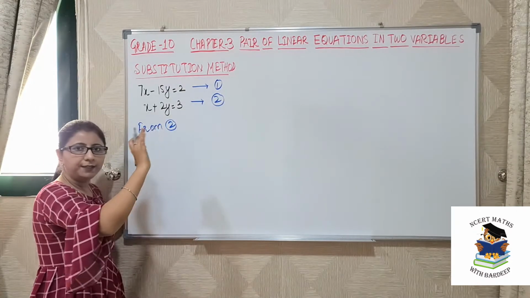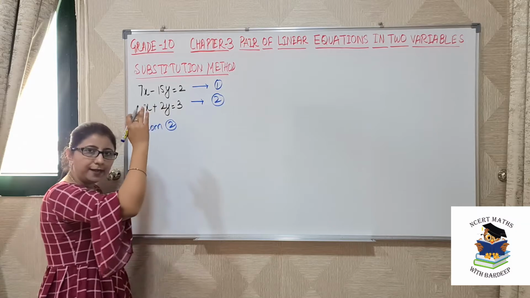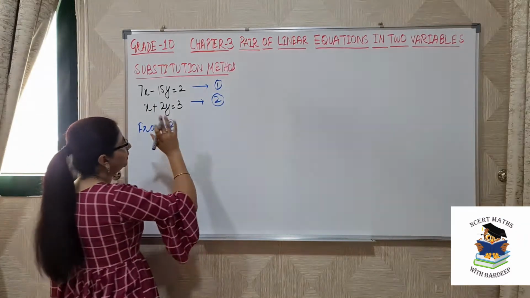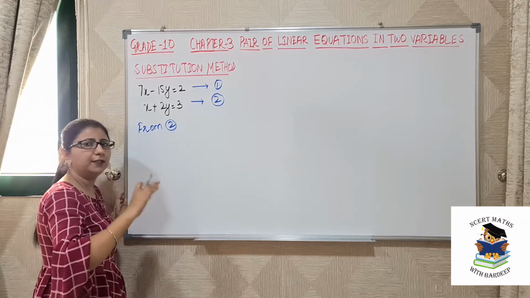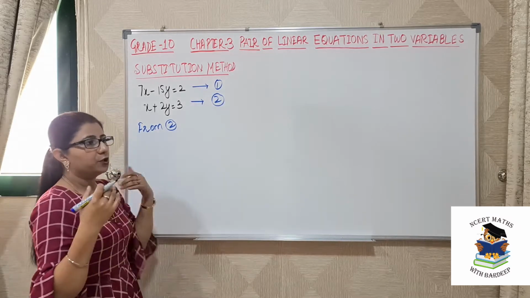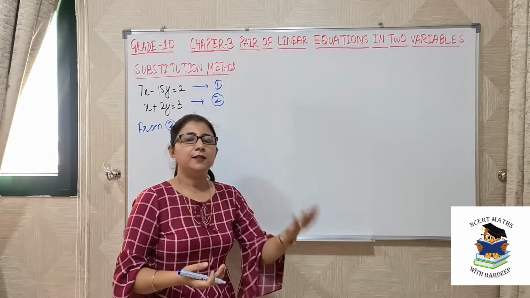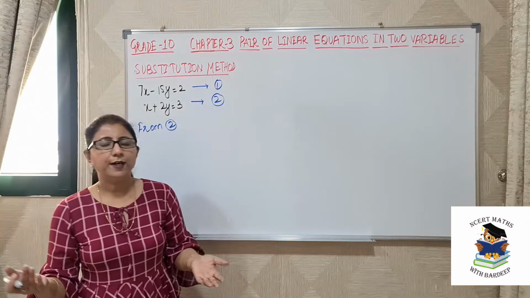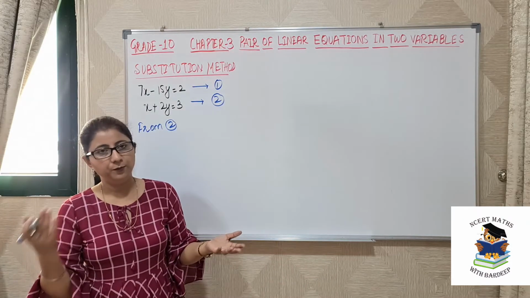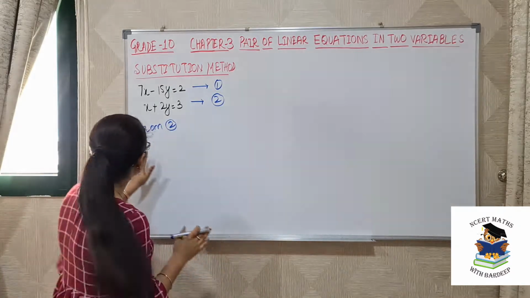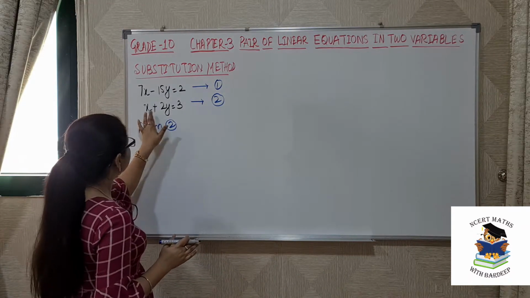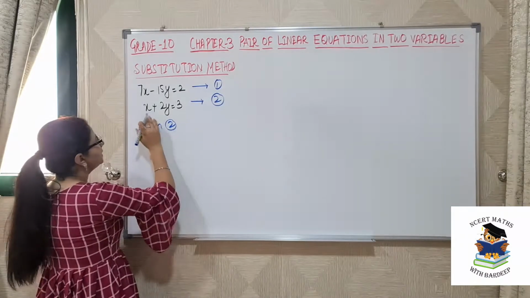This is not any hard and fast rule, you can use any equation. I prefer that equation which has lesser or least coefficient of either x or y. Means it's not necessary that you always take the value of x and put in y, or take the value of y and put in x. It's entirely up to your choice. So here x has coefficient 1, so I prefer this.